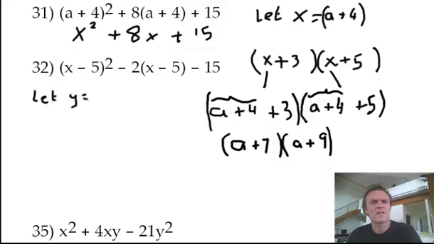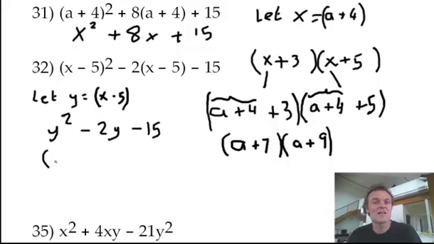So instead of x minus 5, it's now y squared minus 2y minus 15. Again, what are two numbers that make negative 15 when you multiply and negative 2 when you add? That's the 5 and the 3 again, but watch your signs. More negatives, so y minus 5, and then y plus 3.